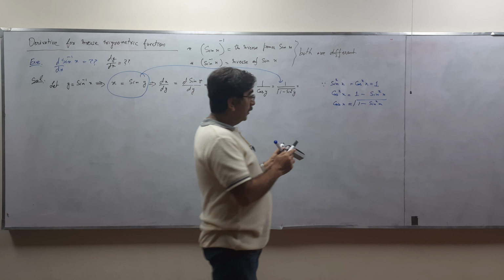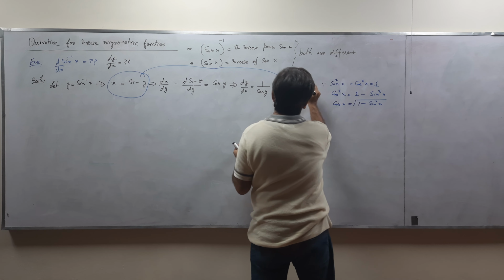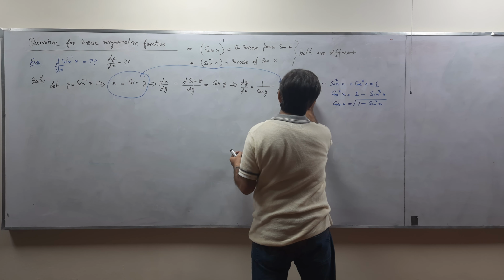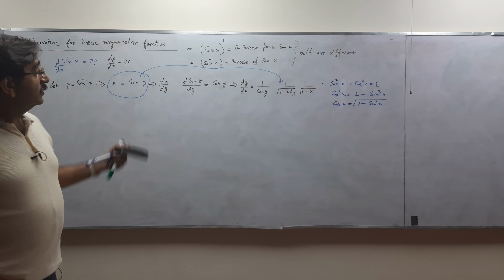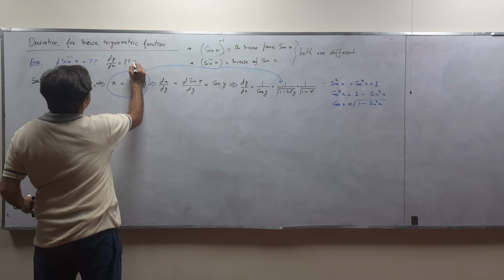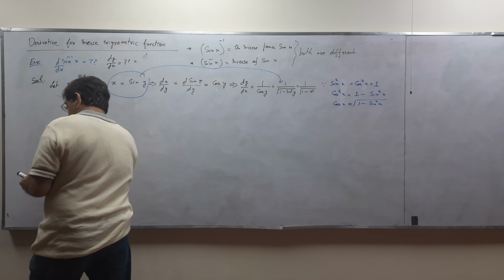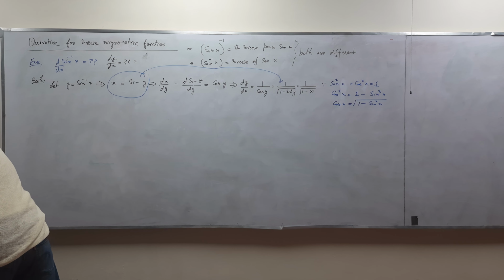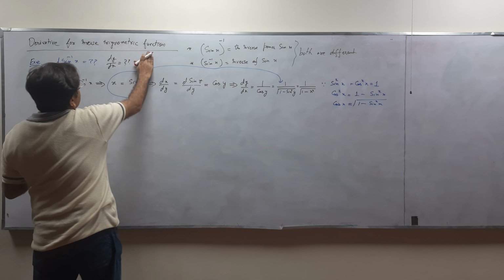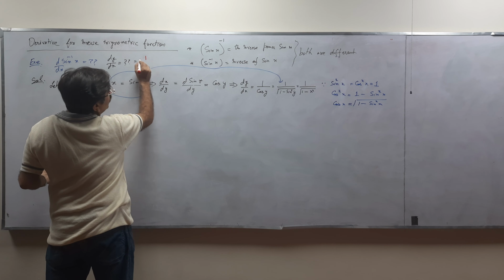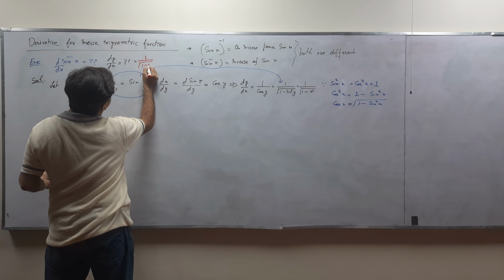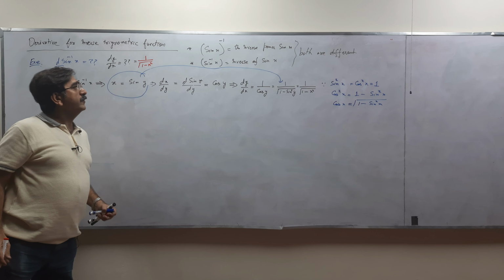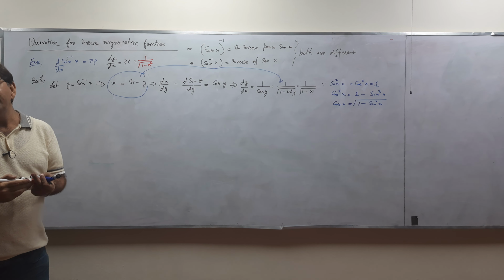When I apply this value, this will be equal to 1 divided by square root of 1 minus x square. So the answer is 1 divided by square root of 1 minus x square. That is the derivative of sine inverse.